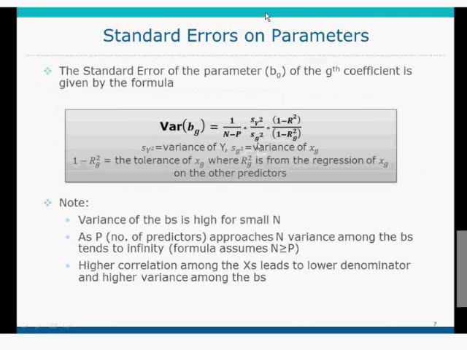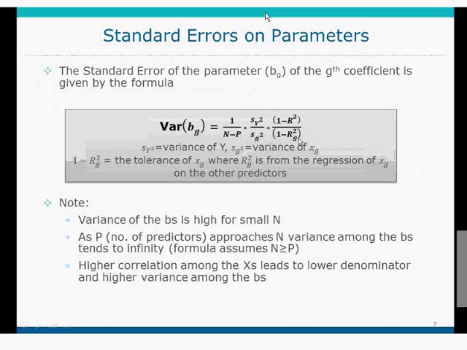Okay, before getting into an example, let's look at this formula, which is the variance of a particular regression coefficient, the regression coefficient for the gth predictor. Notice this term, 1 minus r squared sub g. 1 minus r squared sub g is the tolerance of x sub g.